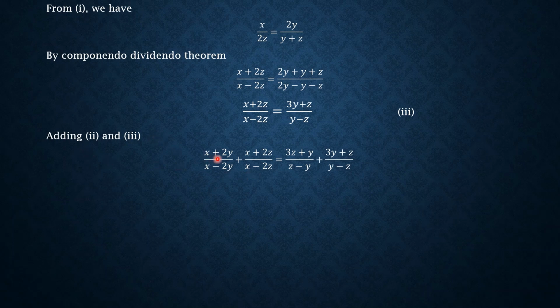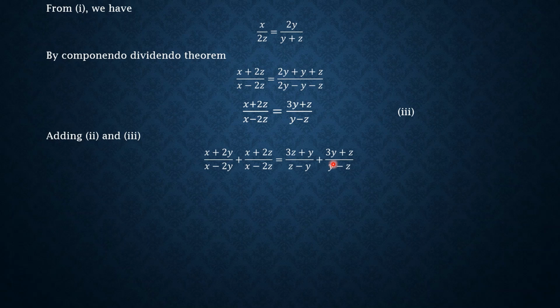So by adding equation number 2 and 3, we have on the left x plus 2y over x minus 2y plus x plus 2z over x minus 2z equal to, now adding the right side of the above fractions, that is 3z plus y over z minus y, as x plus 2y over x minus 2y equal to 3z plus y over z minus y, and look at the above, that is x plus 2z over x minus 2z, this equal to 3y plus z over y minus z. So we write the value of this here.